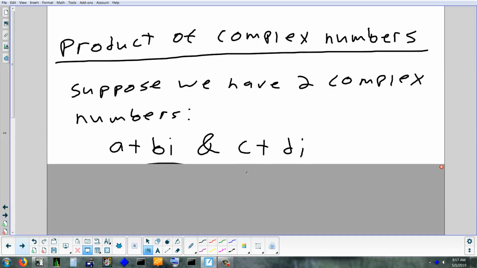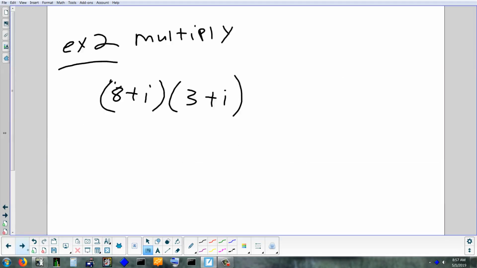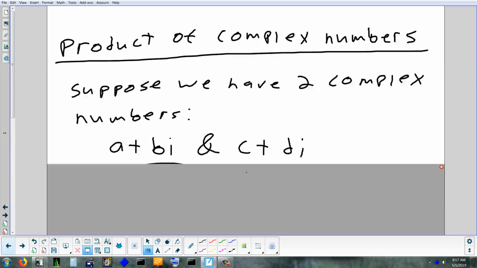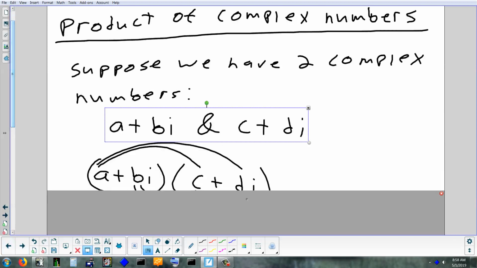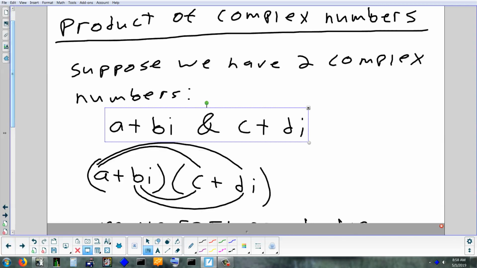In a real problem, you'll have actual numbers. But here, a is your real part, b is your imaginary part. That's your first number. c is your real part, d is your imaginary part. That's your second number.